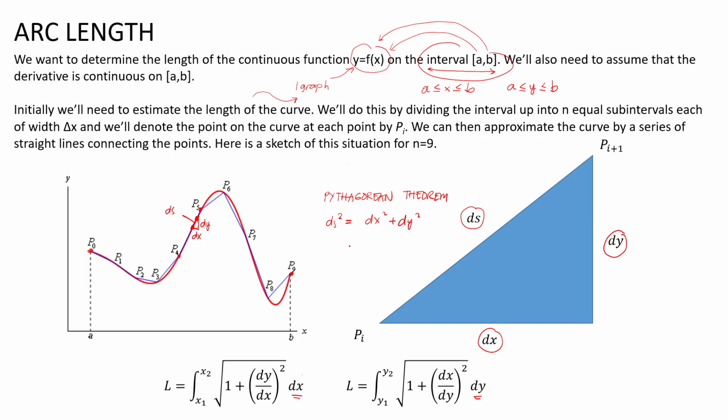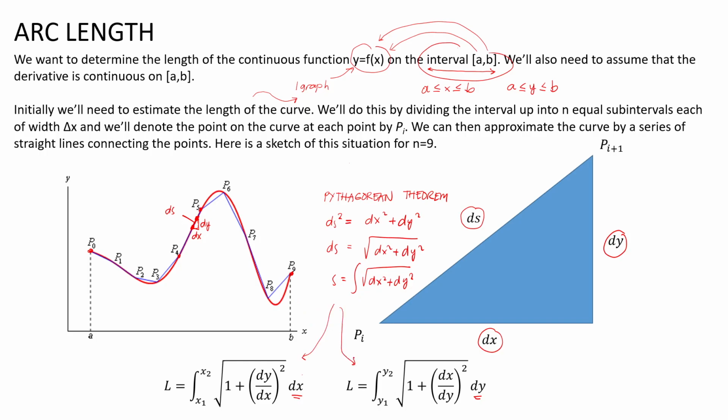So this becomes the square root of dx squared plus dy squared. Getting the integral, this becomes s is the integral of the square root of dx squared plus dy squared. And then further manipulation will give you the solutions presented below.